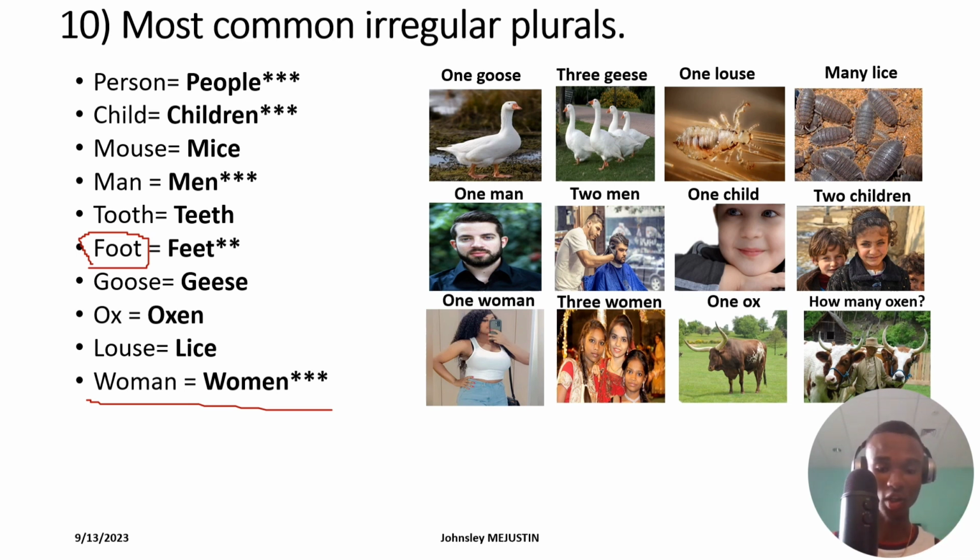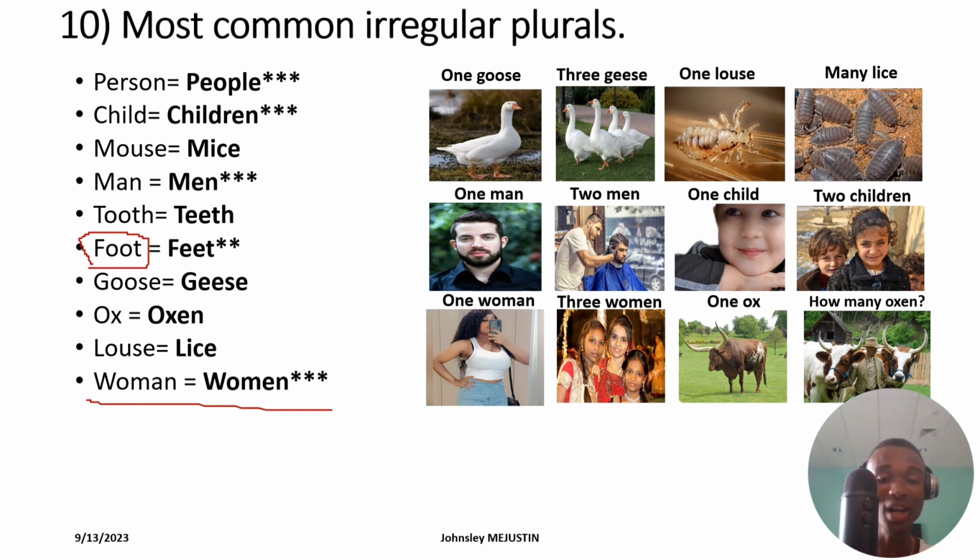Let's look at these pictures right now. So this is what a goose looks like. Okay? This is a goose. One goose, one, two, three, four. Is this three or four? Did I say three? I literally said three. So it doesn't matter. So one, two, three geese. If it's four, you say four geese.